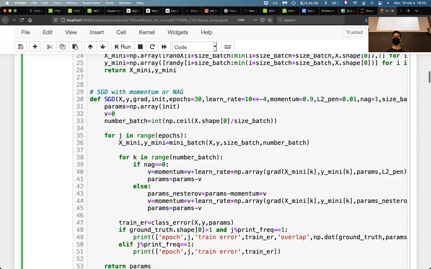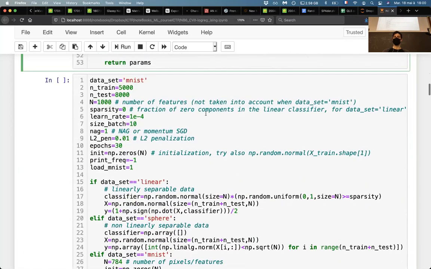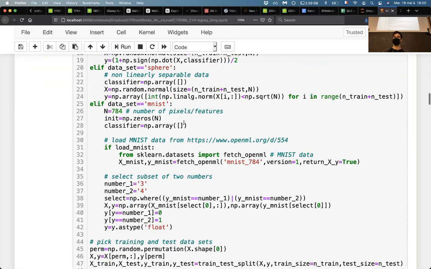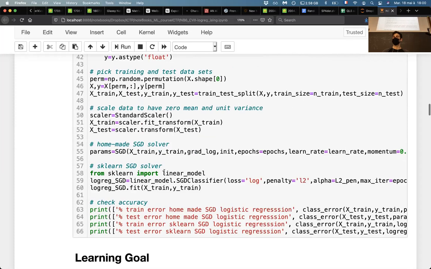And here I have the SGD and I have three versions, or the NAG, so the Nesterov accelerated gradient, which are these three lines, or the plain SGD with momentum. Okay, you see that at each epoch, I'm calling this function which creates a new mini batch, etc. And here I'm just loading data. Okay, I will tell you which data you can use, and I'm testing my solvers, and that's it.